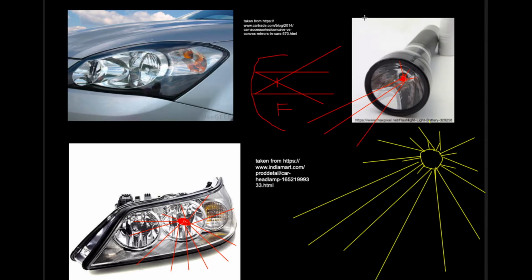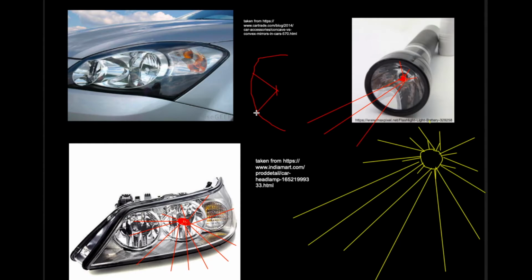Now I'm going to ask you a question. What happens if the light rays were coming from the focus instead, coming from here, like this and like this? What would happen?